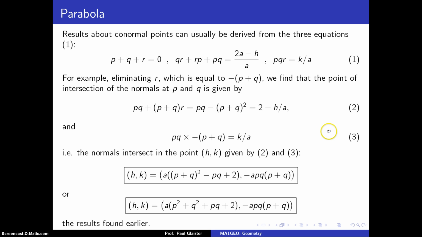So just by rearranging the second two equations with r substituted from the first one, we can get from these two expressions the explicit formula, either this one or this one, for h and k, and of course those are exactly the same results we had before.